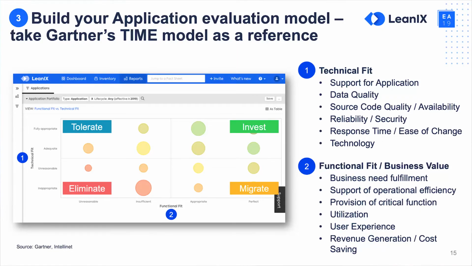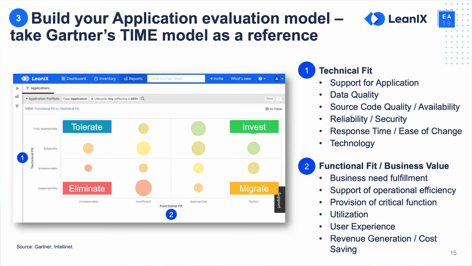Once that's set, we basically have our application portfolio. And now the question starts: what do we do with it? We strongly believe in standardized frameworks to evaluate that. You know our technical fit, our functional fit, and we see that the portfolio overview is a strong indicator of how to manage your application portfolio.